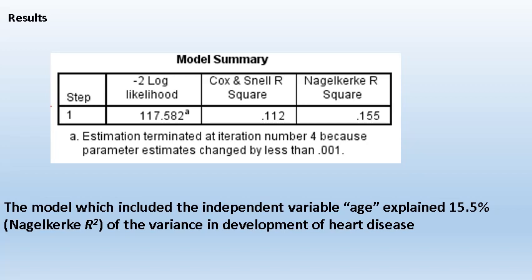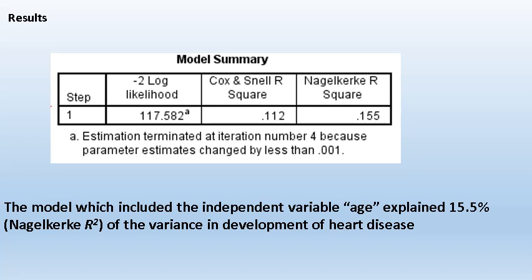Nagelkerke R squared, we need to convert it into a percentage. Here the Nagelkerke R squared value is 0.155. So we need to convert it into a percentage, that is 15.5%. So what is the significance of this value? The model which included the independent variable age explained 15.5% of the variance in development of heart disease.